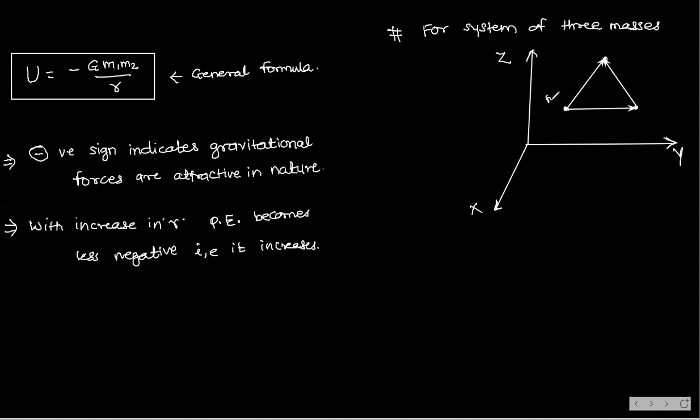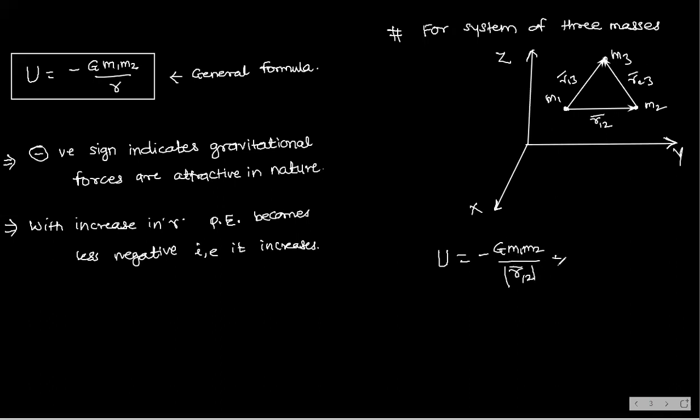Now suppose this is m1, this is m2, and this is m3. Then you see, 1 to 3 means R13 bar. 1 to 2 means R12 bar. 2 to 3 means R23 bar. These are the position vectors we can see. So if we want gravitational potential energy of this system, what we will do? Minus, first of all, in between these two, minus G m1 m2 by R12 bar, है ना? इसका magnitude आप ले सकते हो.